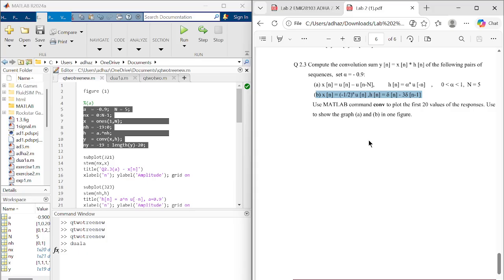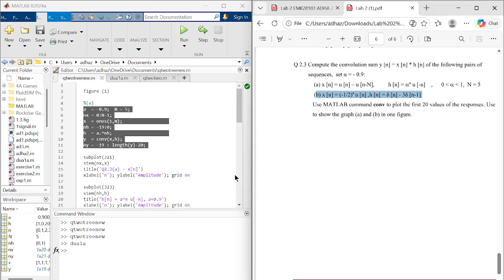In the math, the impulse response h[n] represents a discrete difference, basically saying take the current value and subtract 3 times the previous value.